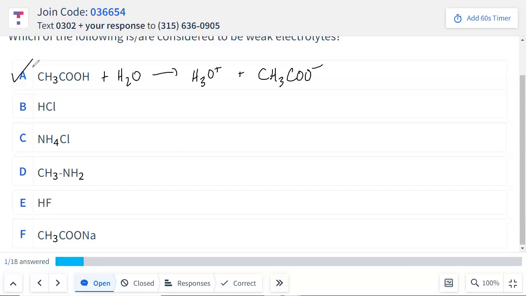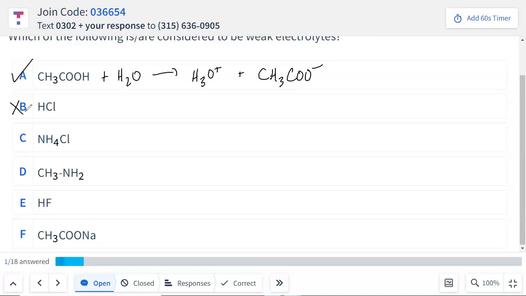B. We can recognize B as an acid by formula. This is an Arrhenius acid, hydrogen's at the front. Is HCl one of the common strong acids that we identified previously? It is. So as a strong acid, it's not going to be a weak electrolyte, it's going to be a strong electrolyte. That's not going to work. Ammonium chloride, NH4Cl.